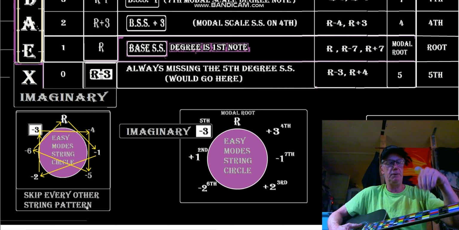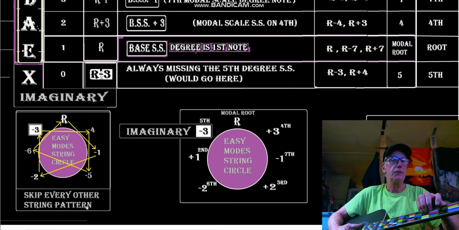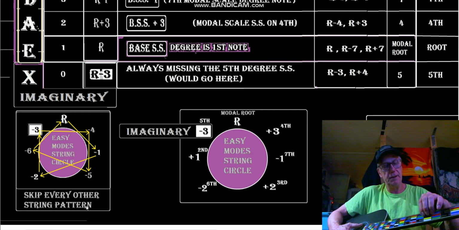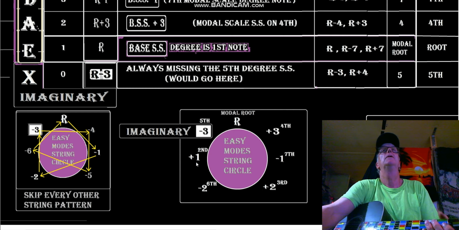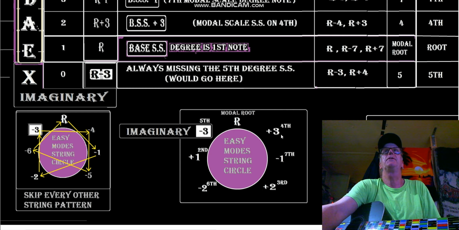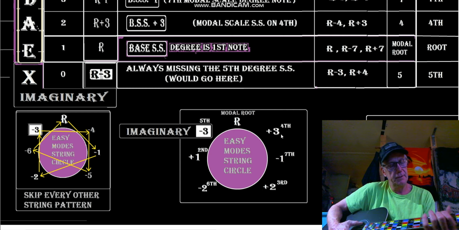Okay, and then the missing one is what? Plus 3. So once again, it's string shape plus, then minus 3. Let's say string shape plus 3. Okay, so root plus 3 is the 4th. Is a perfect 4th here.